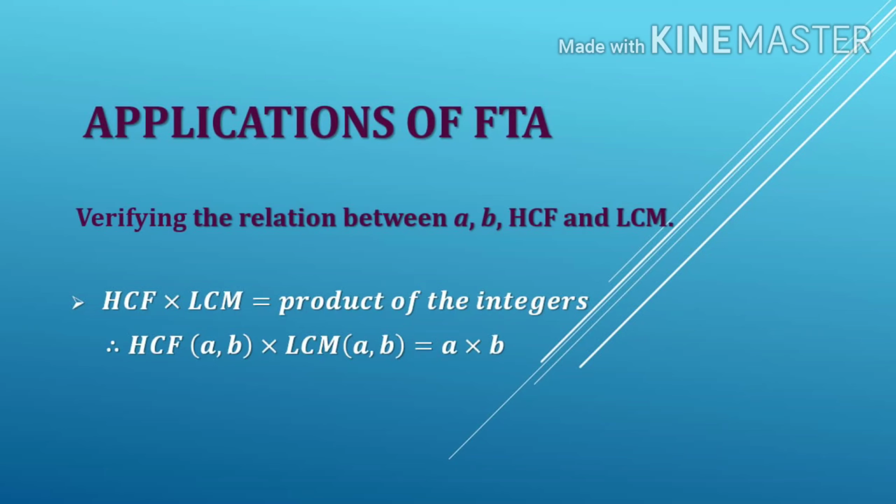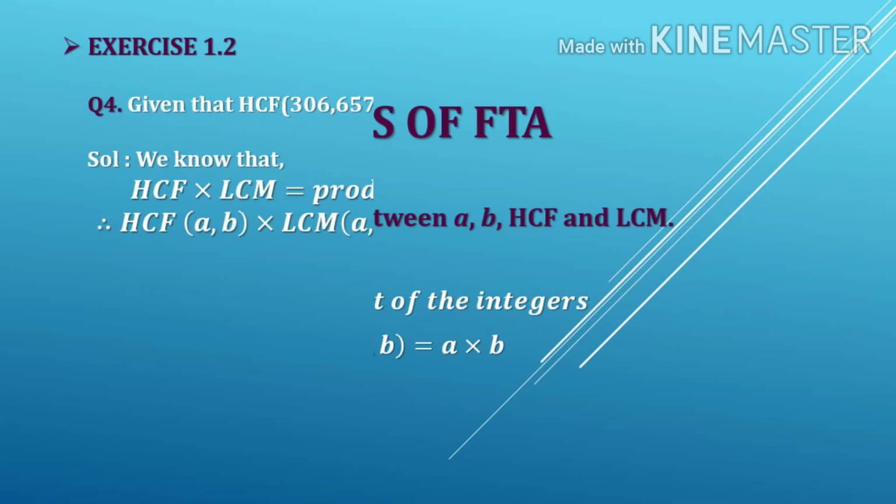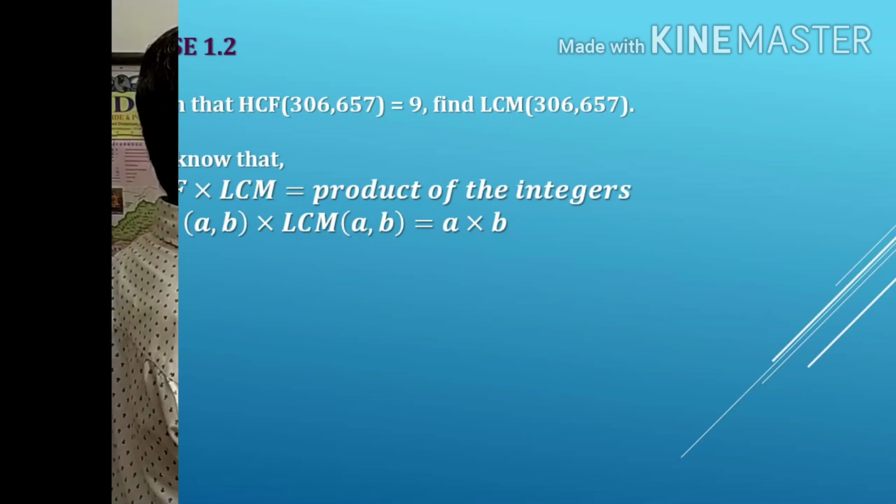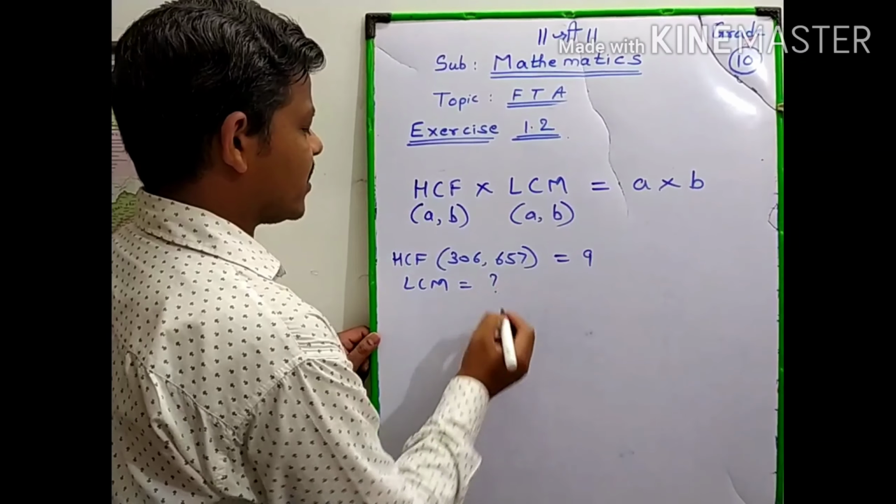In question 3 and question 4 they have asked you the same questions. You can see on your screen we have displayed question number 4, wherein they have given us HCF of, see this bracket means of, HCF of 306 and 657 is given as 9, and they have asked us the LCM. LCM is equal to question mark.